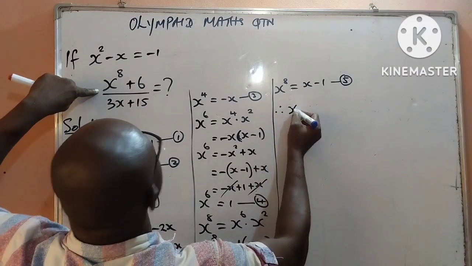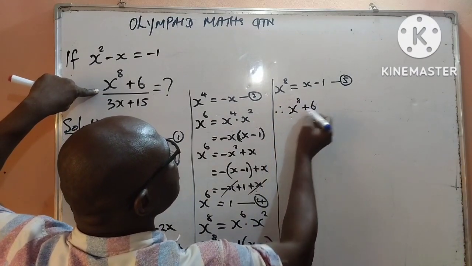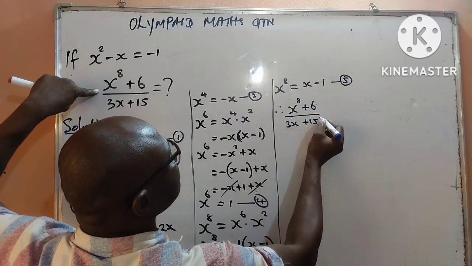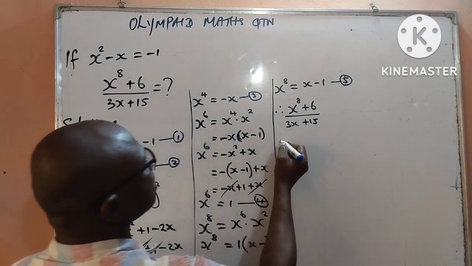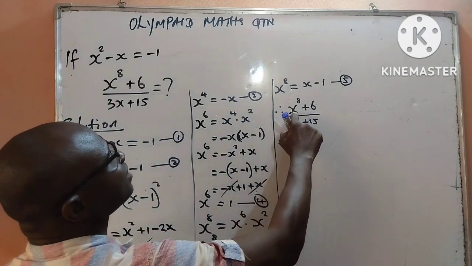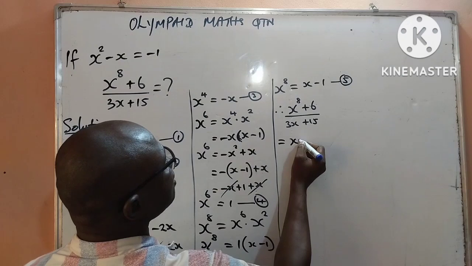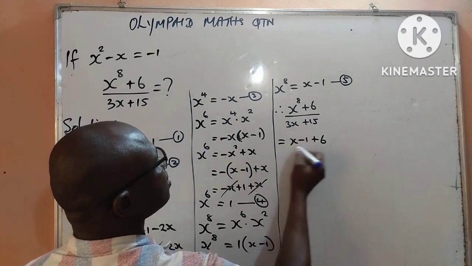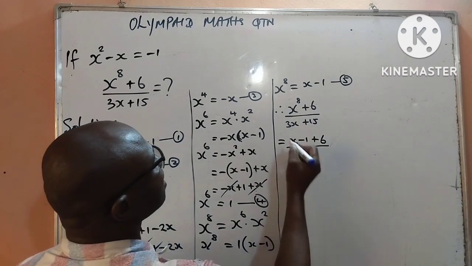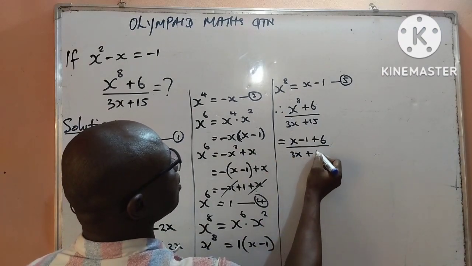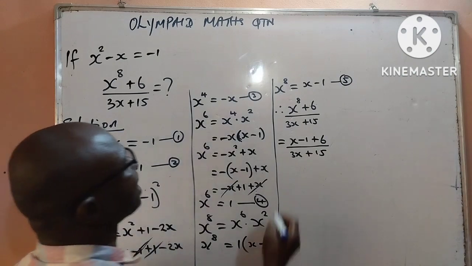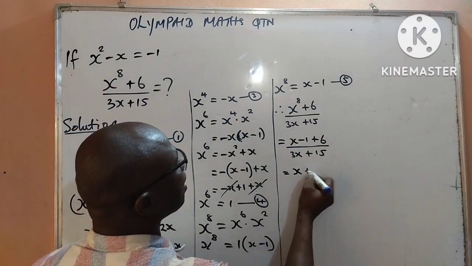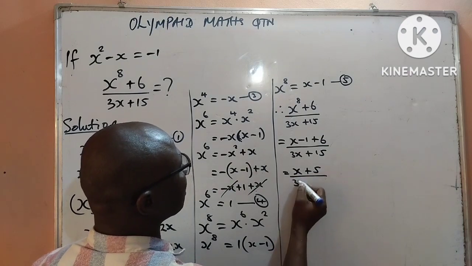Therefore, x to the power 8 plus 6 all divided by 3x plus 15 will now be equal to a substitution now. x to the power 8 gave me x minus 1. Then plus 6 all divided by 3x plus 15. Moving forward, I shall now have minus 1 plus 6 will give me plus 5 all over 3x plus 15.